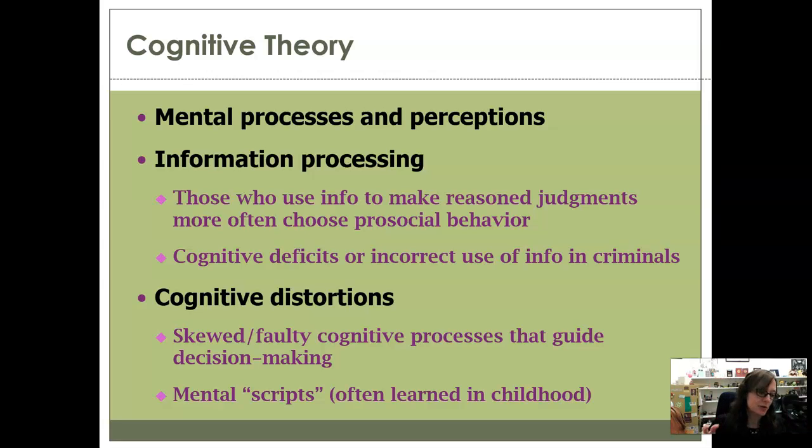There are cognitive distortions specific to crime types, like specific ones that child molesters will have, and rapists, and robbers. But cognitive distortions in general just means that you have a certain thought process that affects your mental scripts, which then affects your decision making.